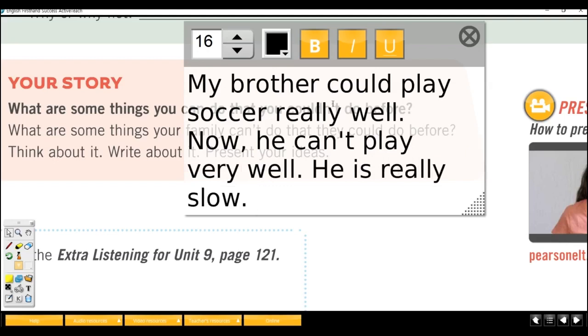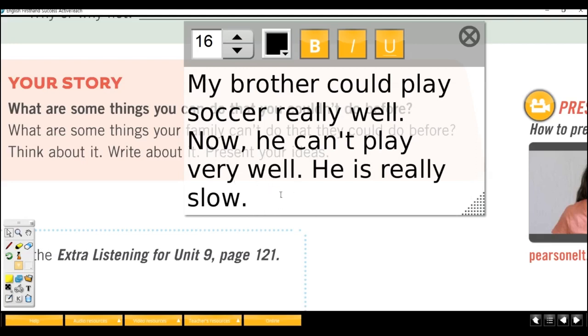Okay, my brother could play soccer really well. Now he can't play very well. He is really slow. My brother could play soccer really well about 10 years ago, and now he can't play soccer very well. He doesn't practice.